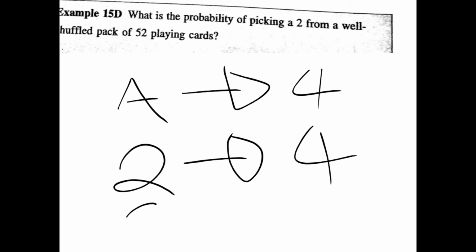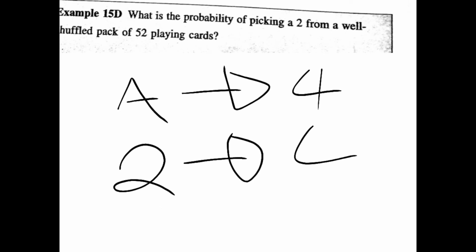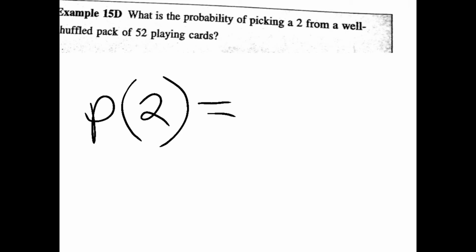And number 3 is also 4 times. So each card is 4 times, up to 10. From 1 to 10, and then we have K, Q, J. That is important for us to understand because we are simply going to say the probability of us picking a 2 card is equal to the favorable outcome.